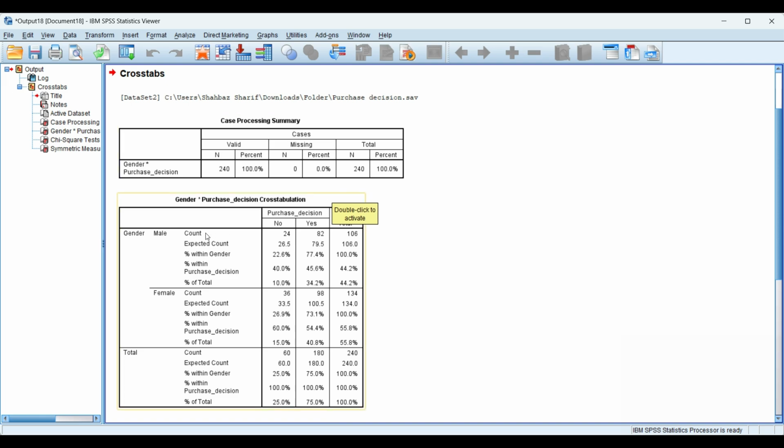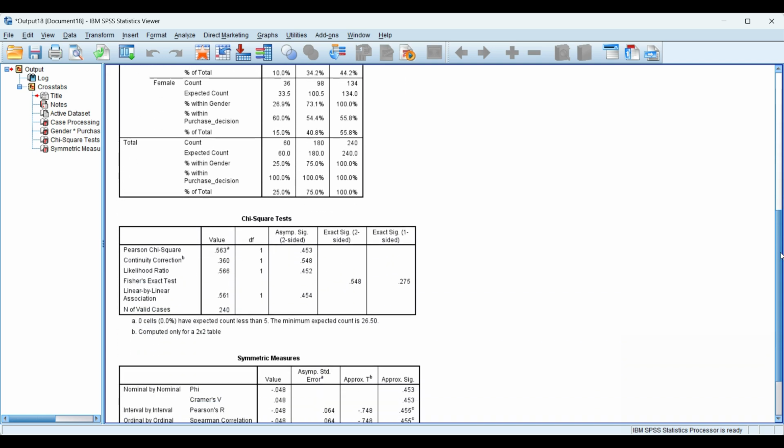So you can see there are male and female and total percentage. You can see that 77.4% of males said yes to purchasing CN and 22.6% of males said no. On the other hand, 73.1% of females said yes and 26.9% said no. So it means the purchase decision of males is higher than that of females.